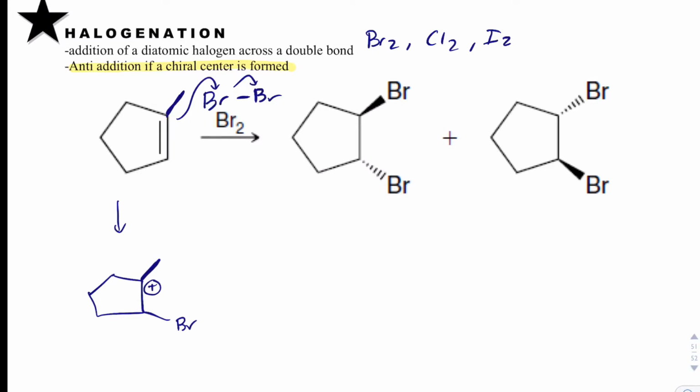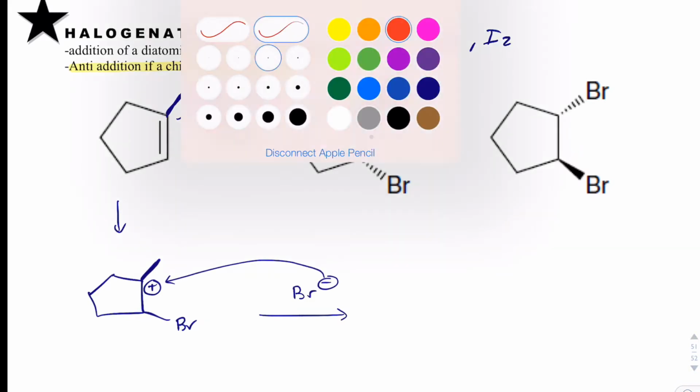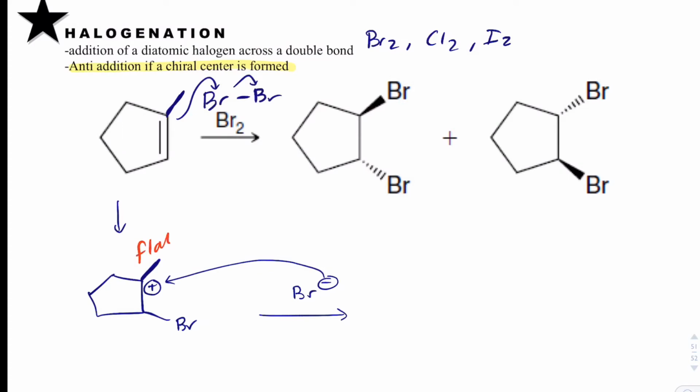That way we have the most substituted carbocation. And then Br minus will come back in and attack the positive charge. But like we've talked about previously in this video, this is flat. So whatever stereochemistry that bromine adds, it doesn't really matter because this is flat. So the second bromine is going to add from both sides.